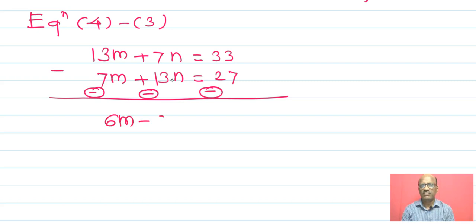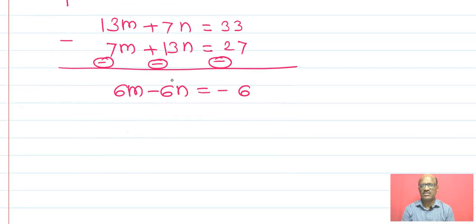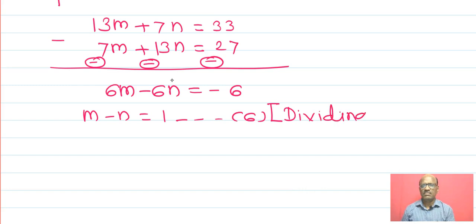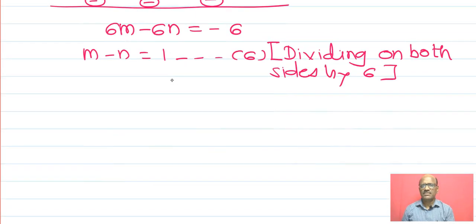Therefore 6m minus 6n, 6 into m minus n is equals to 6. I think that one mistake is there. That is m minus n is equals to 1.